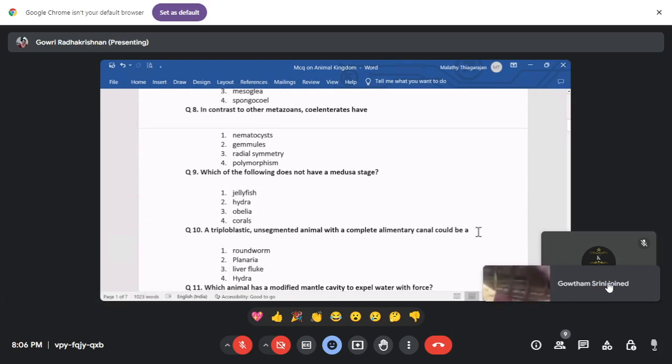In contrast to other metazoans, coelenterates have? Radial symmetry. Okay?